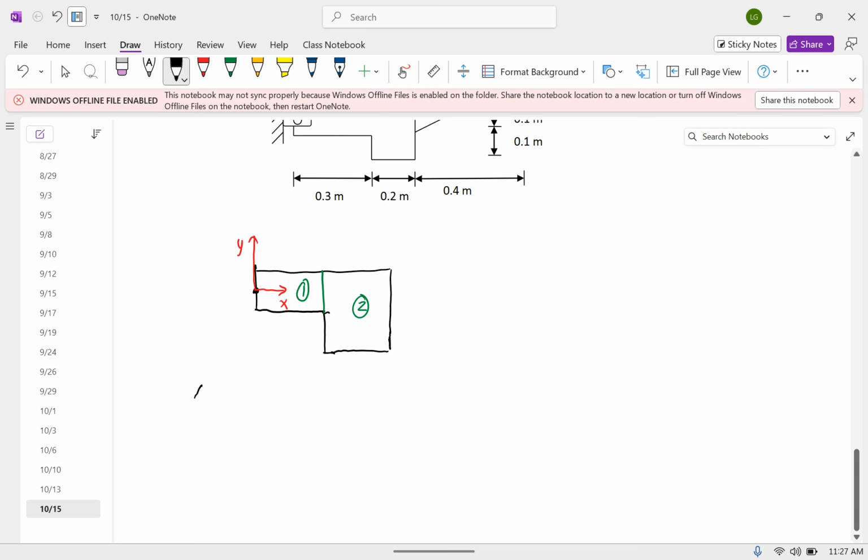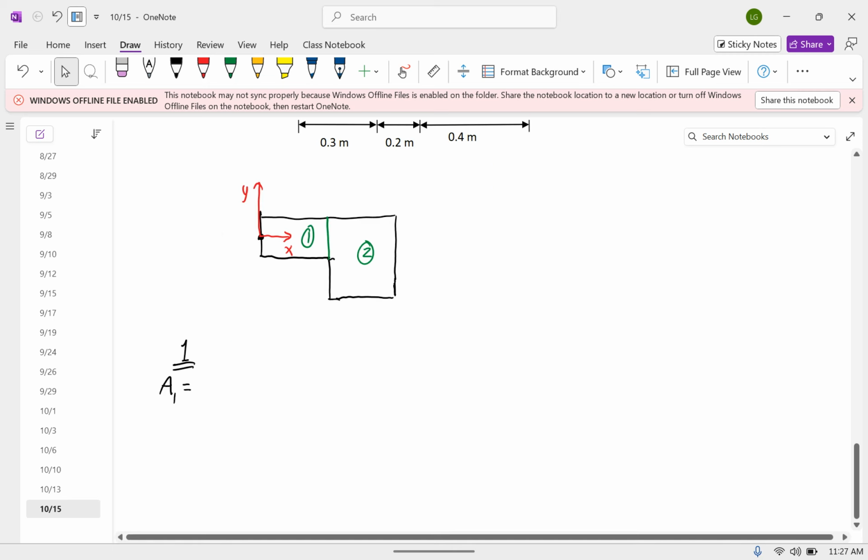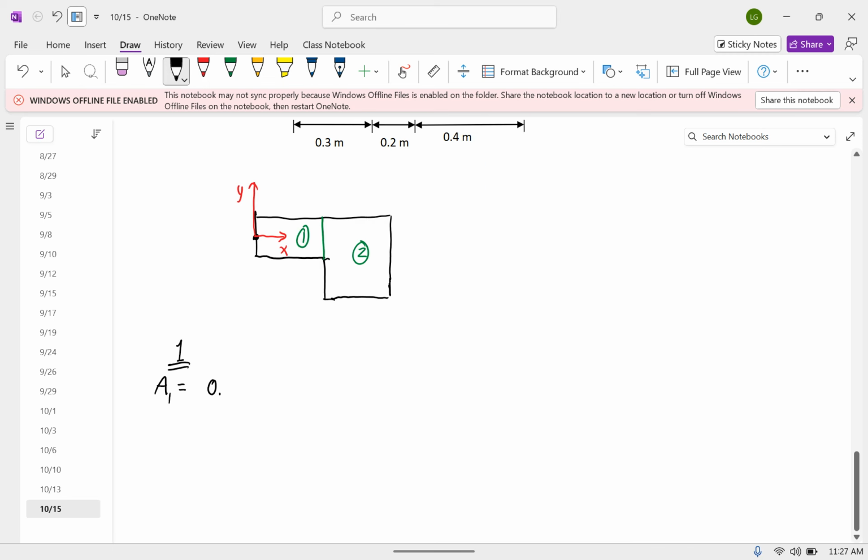So okay, rectangle 1 has an area equal to 0.3 times 0.2, so 0.06.